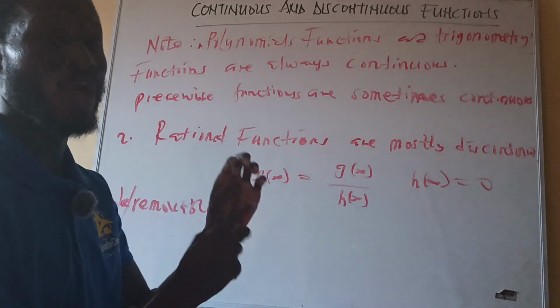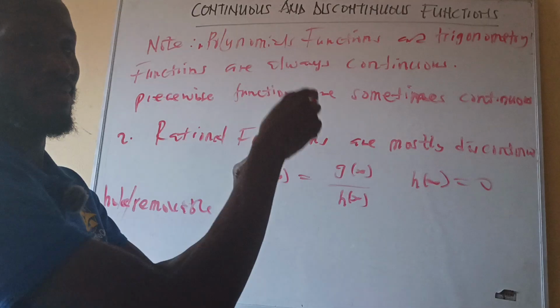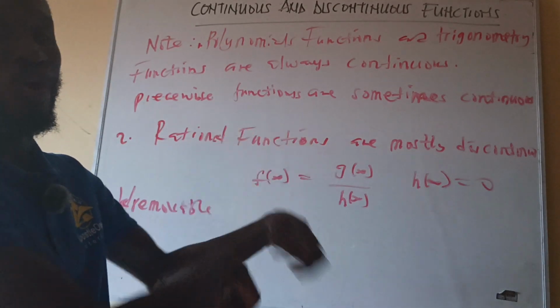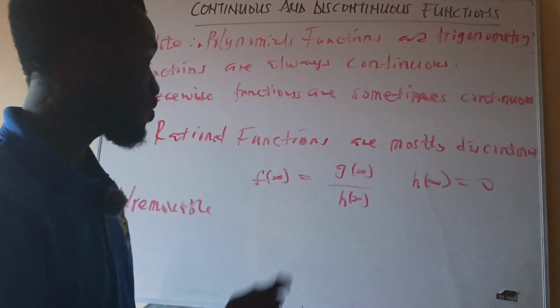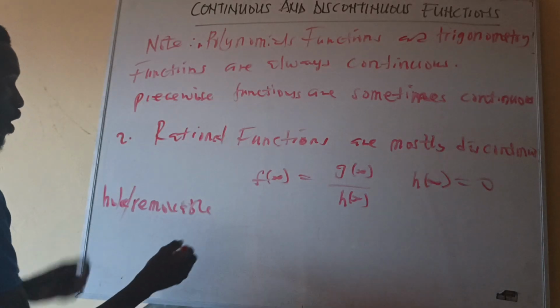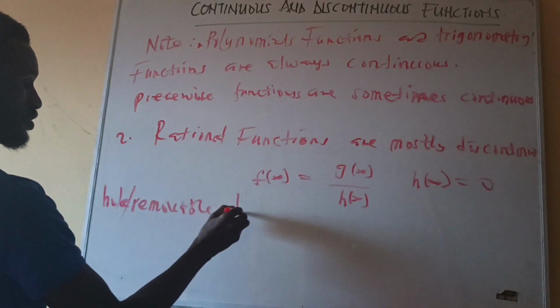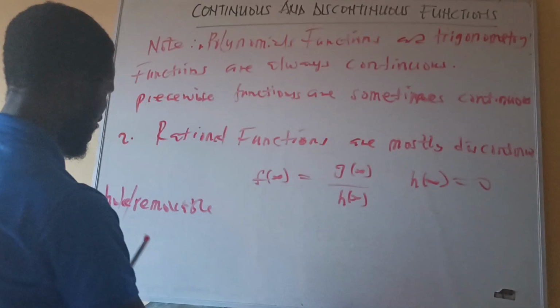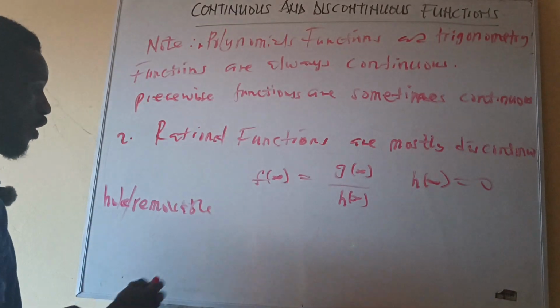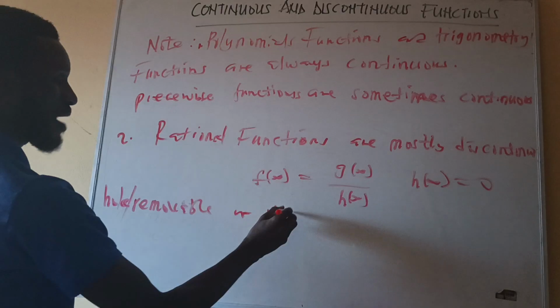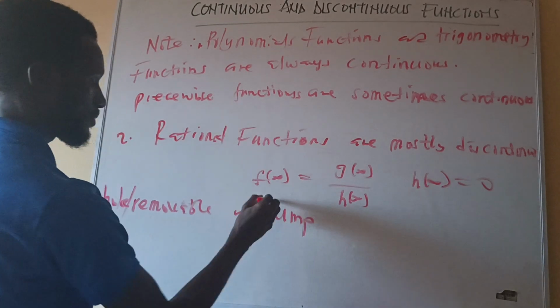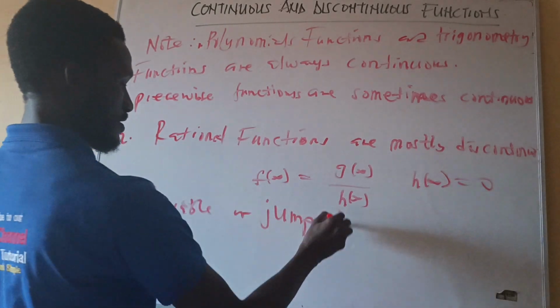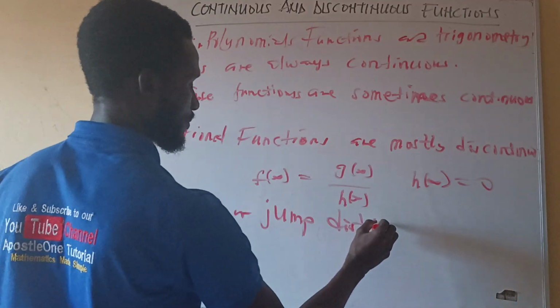Remember, I mentioned a hole when I was talking about a curve. Yes, a pothole on a road becomes a hole. It can be a hole or removable discontinuity, or a jump discontinuity.